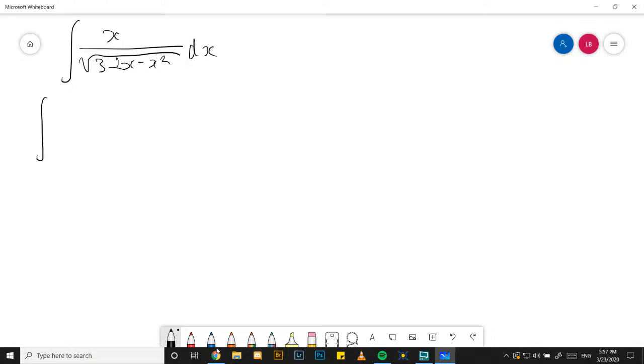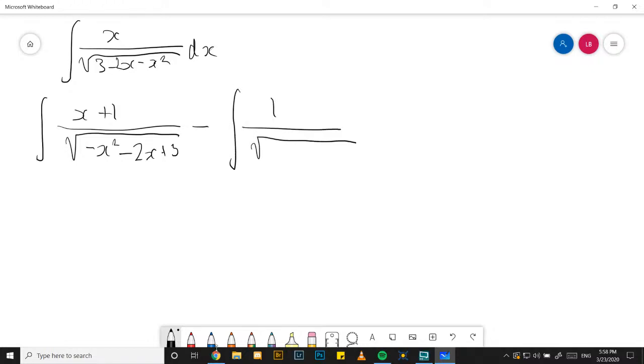I'm gonna make this x plus 1, and I'm gonna put that over the square root of negative x squared minus 2x plus 3. That's a better way to write it, and then I can take away the 1 over the square root of 3 minus 2x minus x squared.